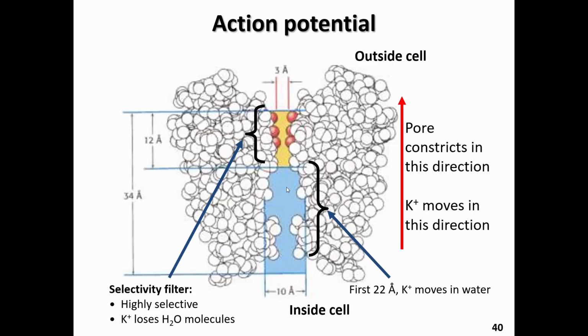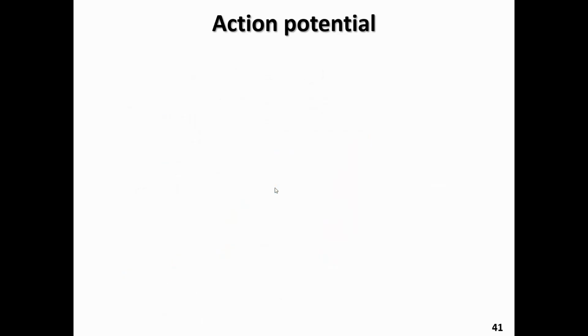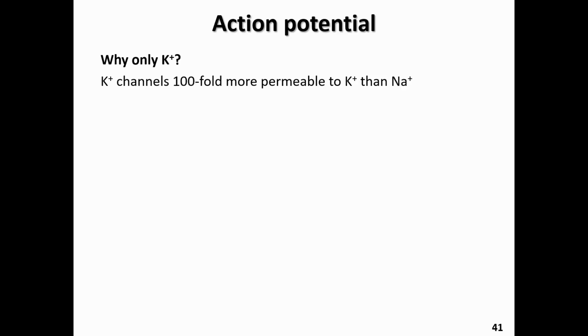And what is key for potassium transit through that selectivity pore is the ability of potassium to lose H2O molecules. So that begs the question of why does potassium, and only potassium, move through the potassium channel? And it's known that potassium channels are 100-fold more permeable to potassium than sodium.